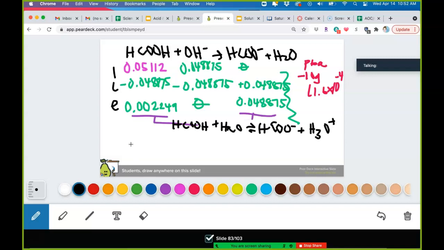All right, and it would look like this. Okay, products over reactants. And then I gave you Ka, so that goes right here.